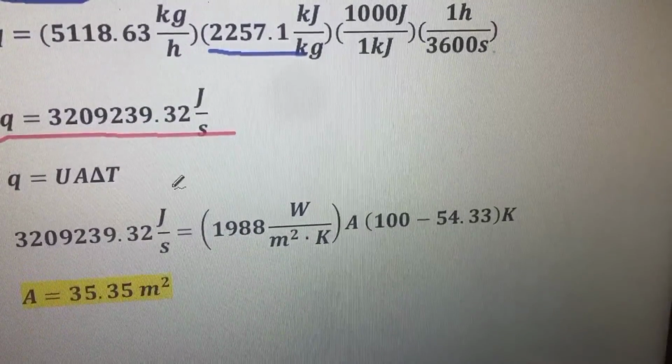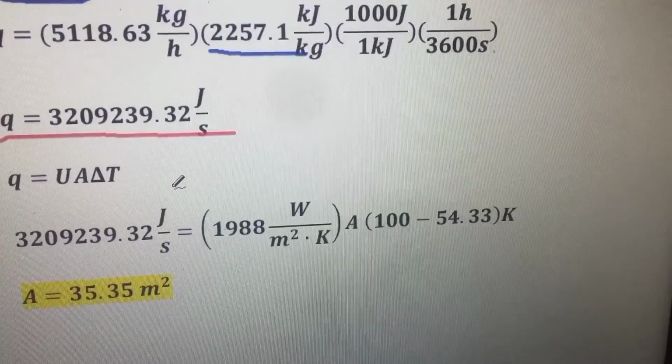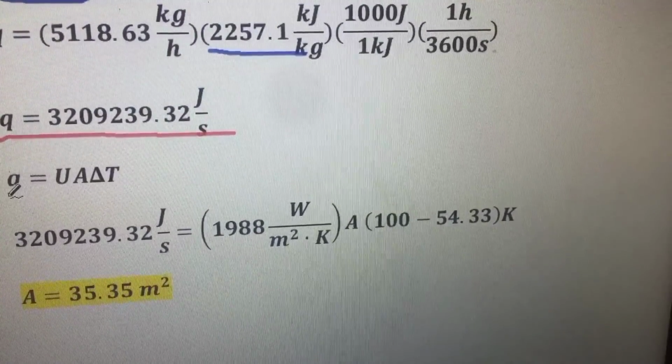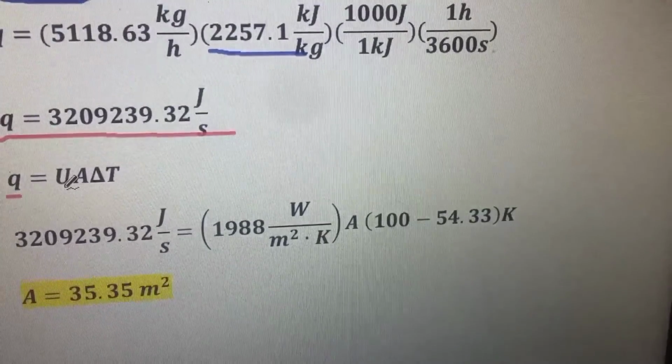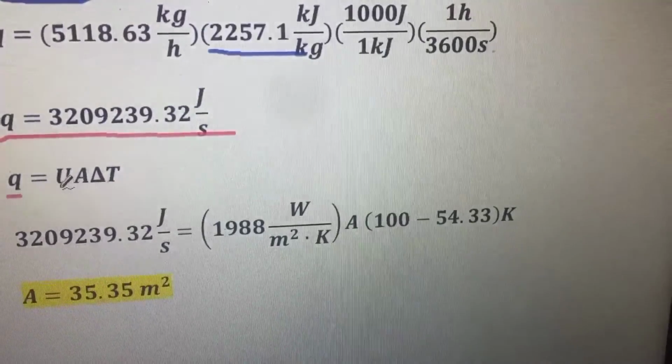After obtaining Q, we use it in the equation Q equals overall heat transfer coefficient multiplied by the area times the change in temperature.